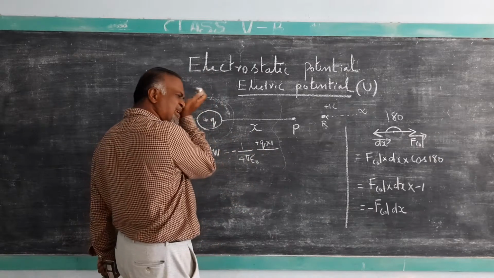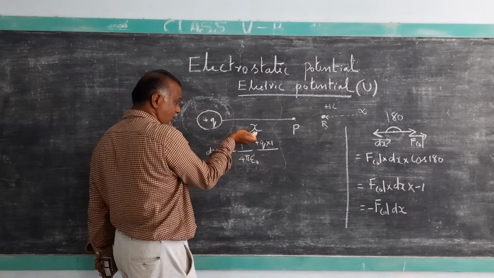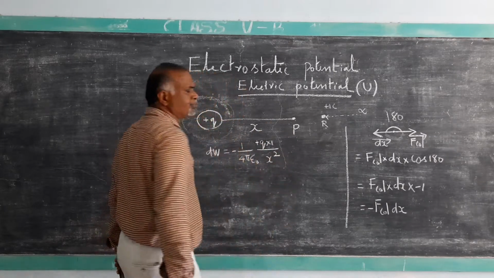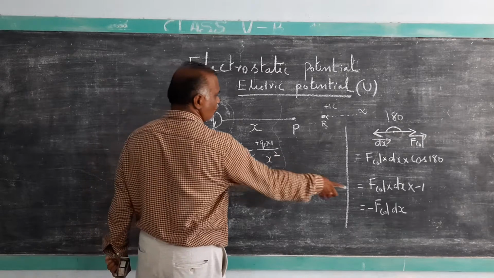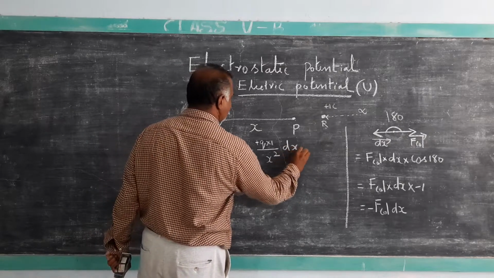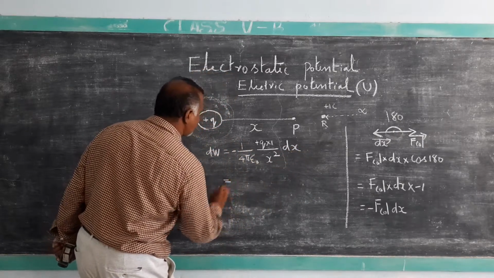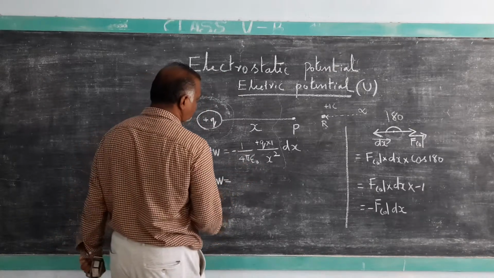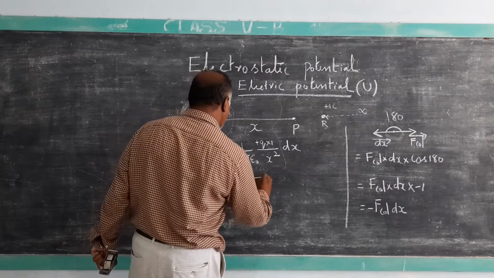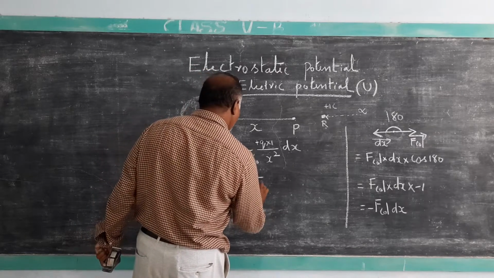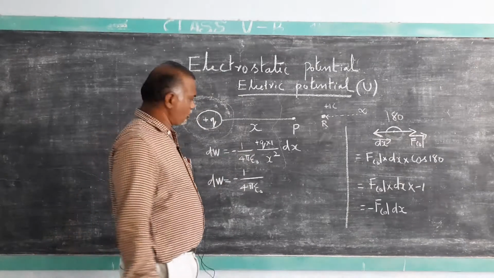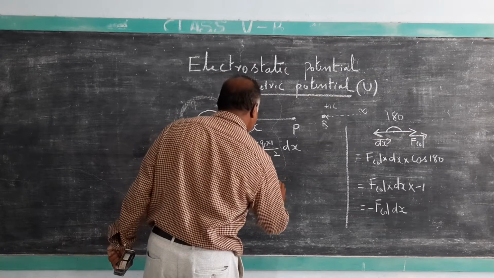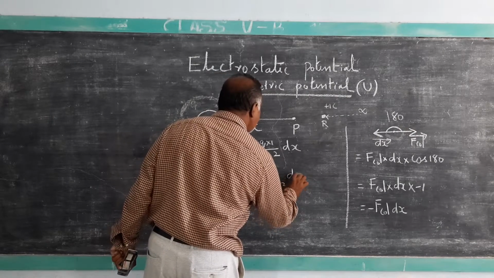What is the distance between them, this variable distance? Point P is here, at distance x, so x squared, and now dx is there. So if you write here, dw is equal to minus 1 by 4 pi epsilon naught, q divided by x squared into dx.